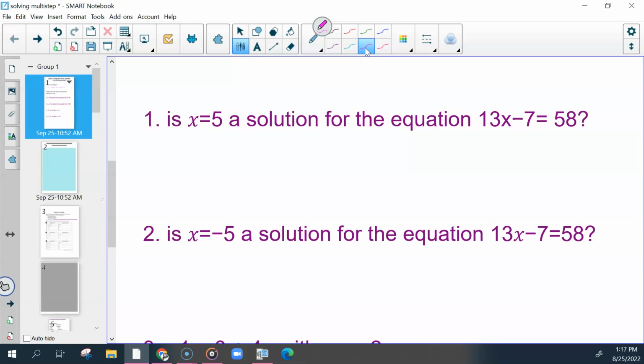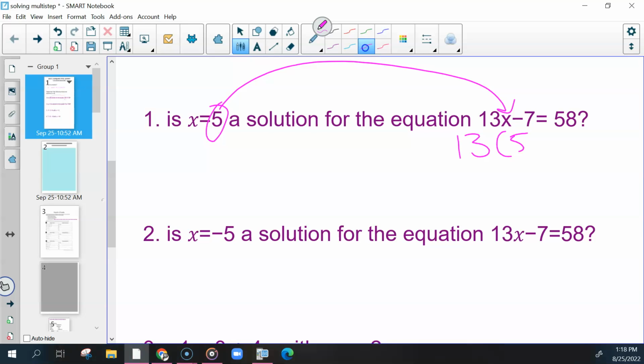But yes, we're going to take that 5, we're going to put it into x. I'm going to use parentheses anytime you do that. So 13 times parentheses 5, minus 7 equals 28. So we would then multiply.